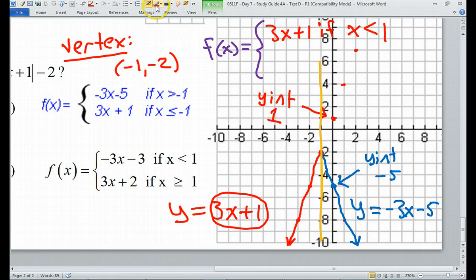And then the blue side would look like this. Let's see, I've got negative 3x minus 5 if x is greater than or equal to 1. Now in a problem like this, it really doesn't matter where the equal to line is.